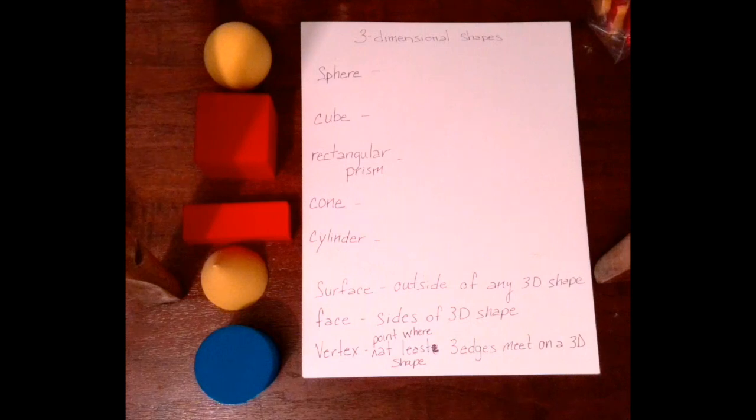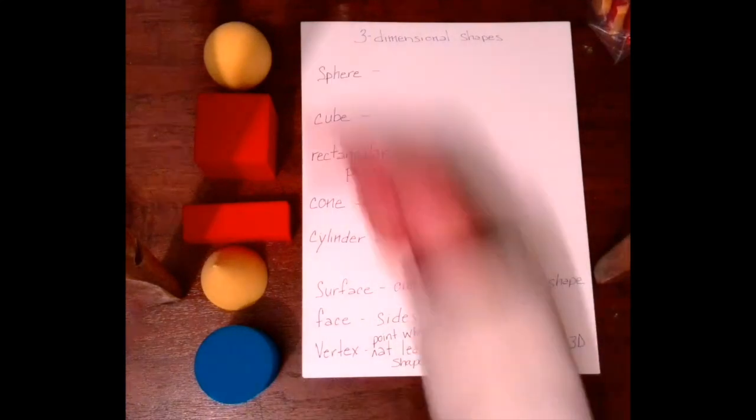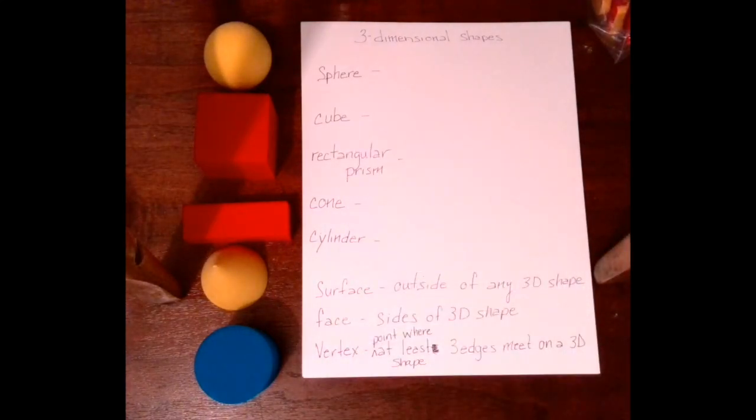I want you to look around your house and make a list of each of these shapes, and describe them using defining attributes and non-defining attributes. If you just find two of each and describe something about each one, one defining and one non-defining, that would work for me.